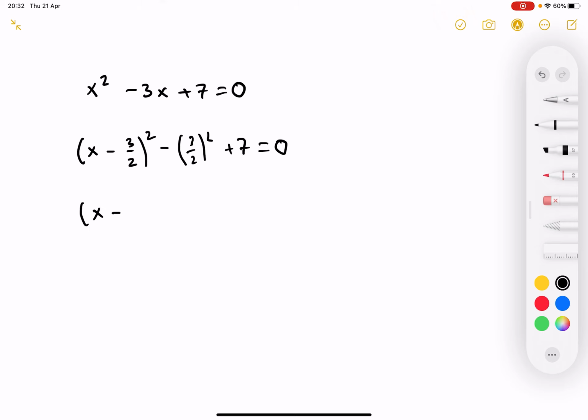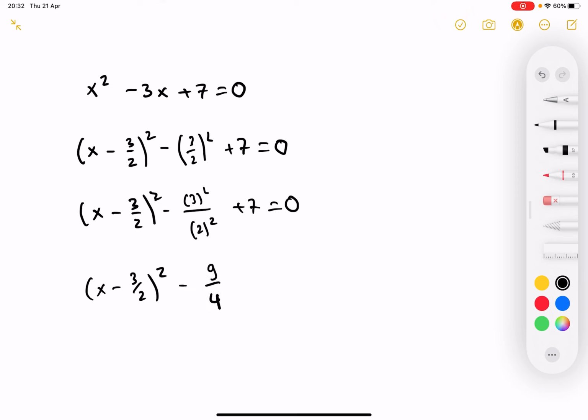That leaves us with x minus 3 over 2 squared, minus 3 over 2 squared, which is the same as 3 squared over 2 squared, plus 7 equal to 0. Then we have x minus 3 over 2 squared minus 9 over 4. Now, let's say we don't have a calculator. How can we do minus 9 over 4 plus 7?